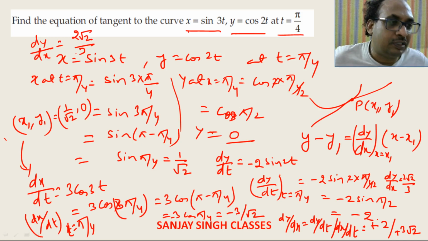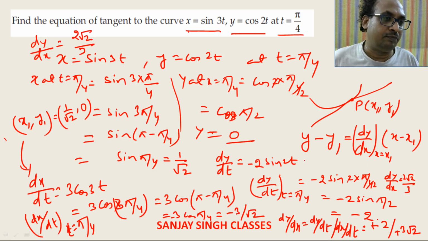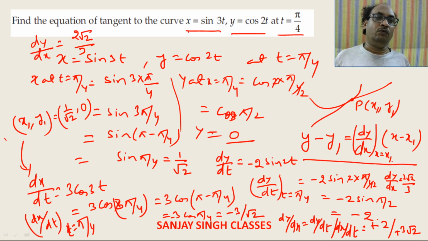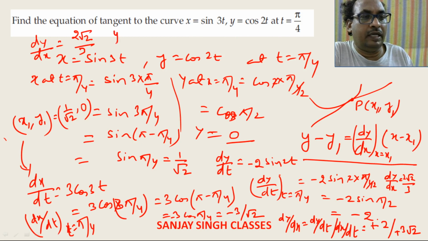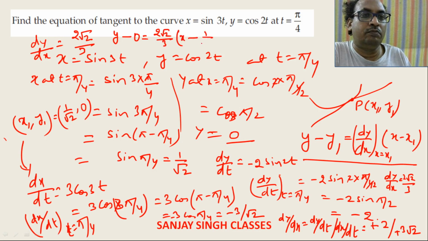Now we need to substitute in this formula and find the equation. So y minus y1, where y1 is 0, is equal to dy by dx, which is 2 root 2 by 3, times x minus x1, which is 1 by root 2.